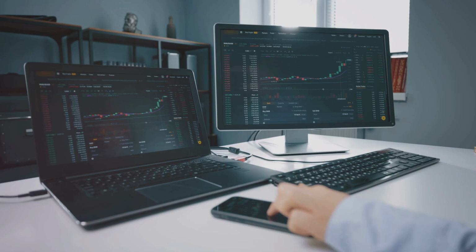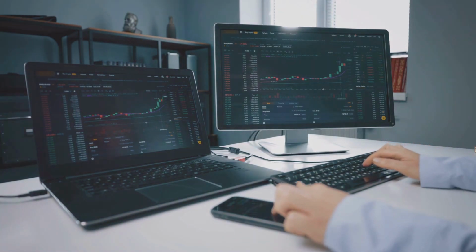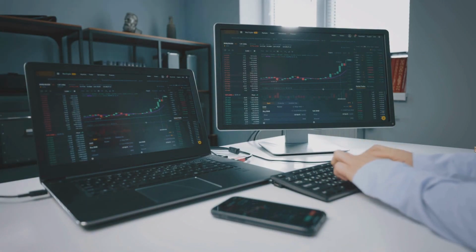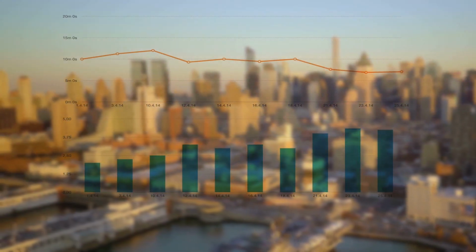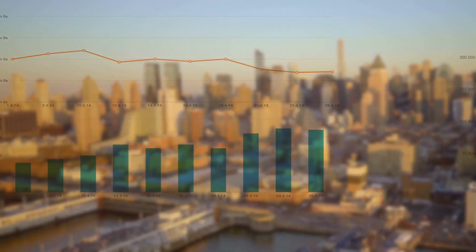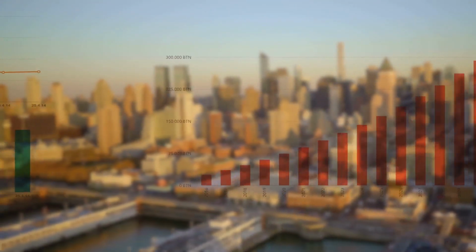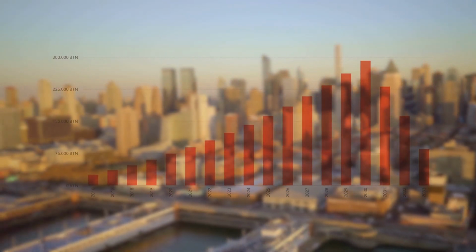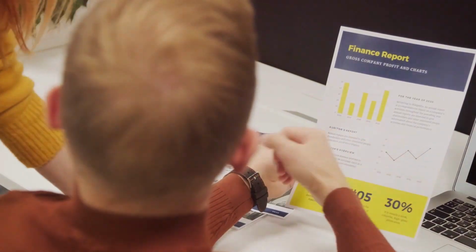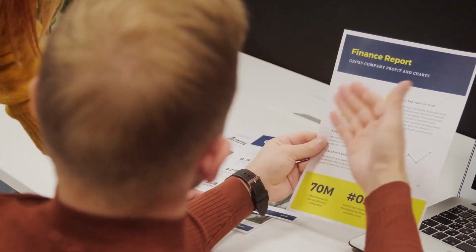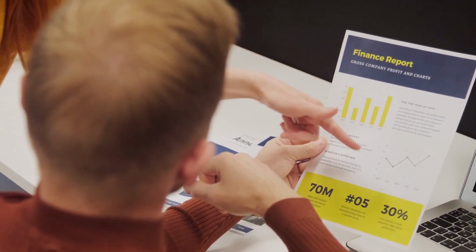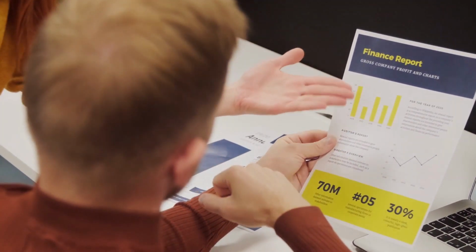Investors can also compare these metrics to industry benchmarks and historical data to evaluate a company's performance relative to its peers. Additionally, analyzing trends in financial statements over time can help investors identify potential red flags or opportunities for growth. Investors must also consider the quality of a company's financial reporting and the reliability of the data presented in its financial statements.